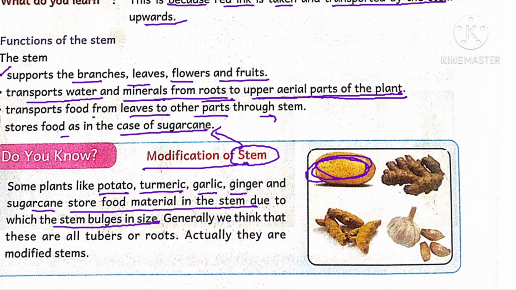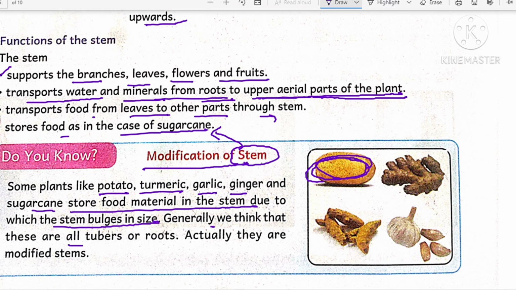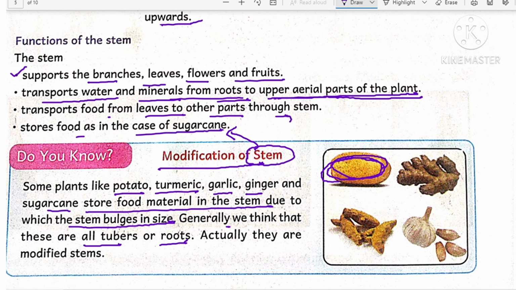Generally we think these are tubers or roots. We think like that because of a false appearance, since potato, ginger, turmeric and garlic all grow under the soil. So we have a false assumption regarding these stems.